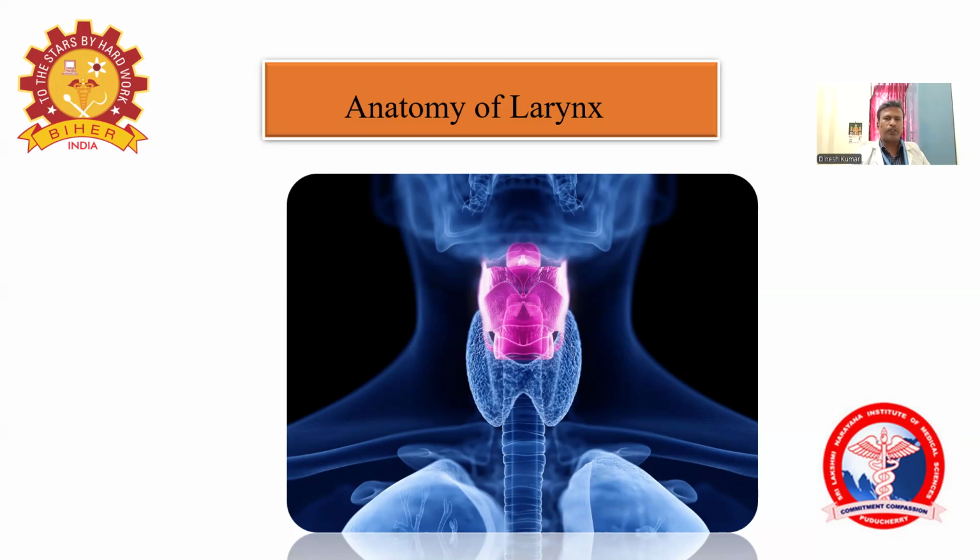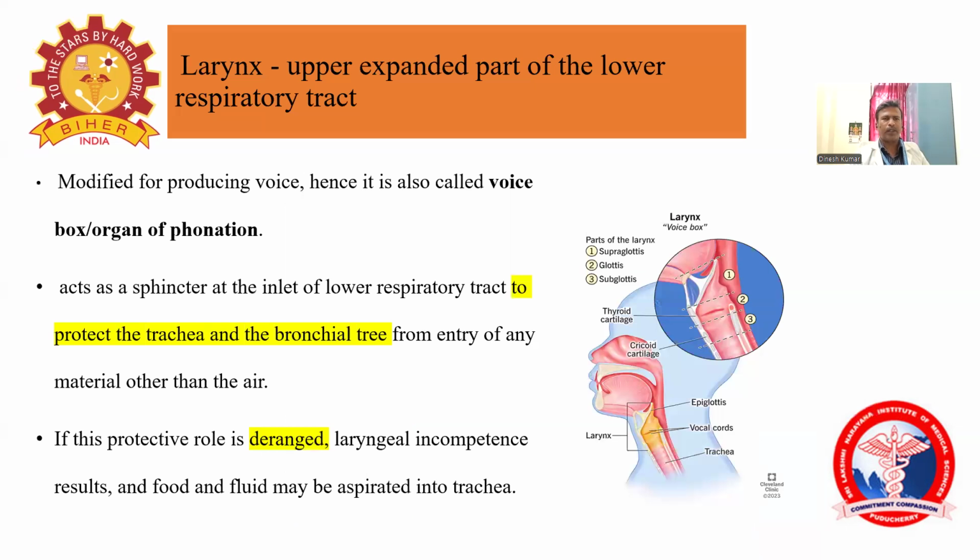Below the larynx you can see a butterfly shape. This is the thyroid gland. The continuation of the larynx is the trachea. Above the larynx is the laryngopharynx. We will discuss the larynx in detail.